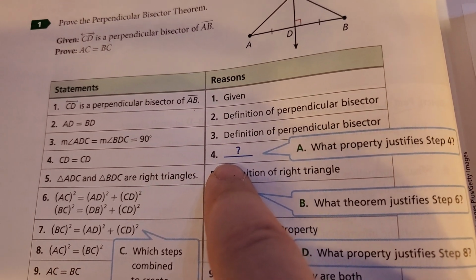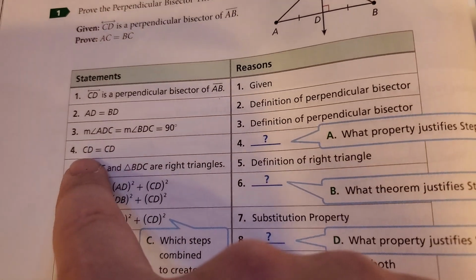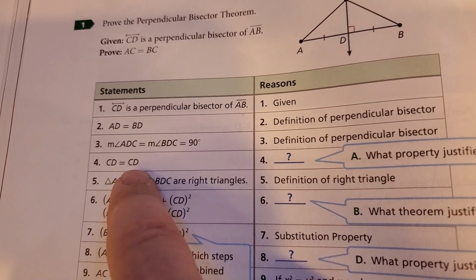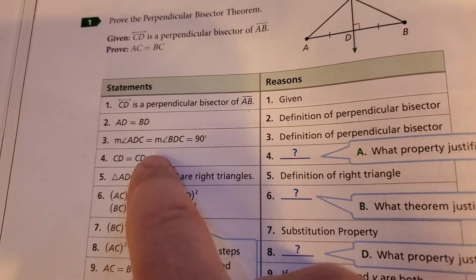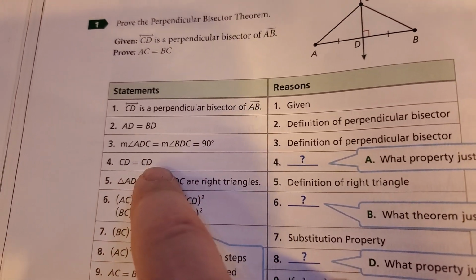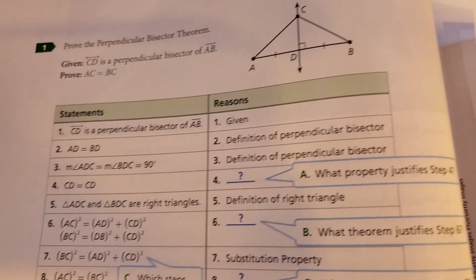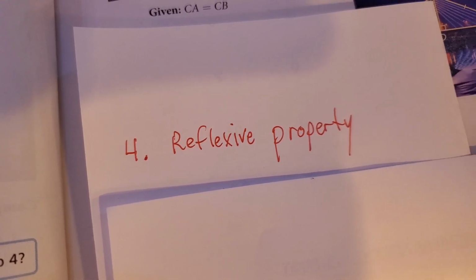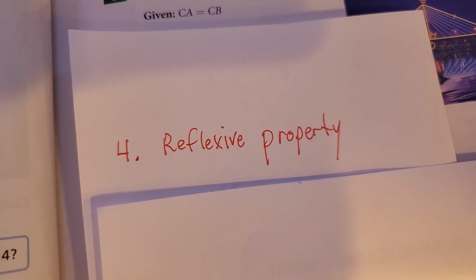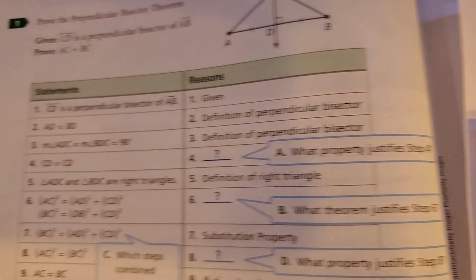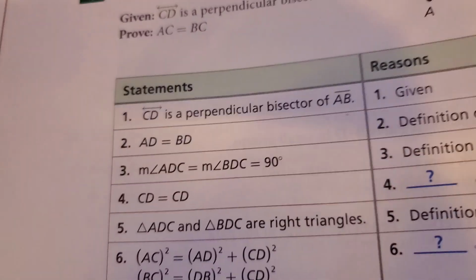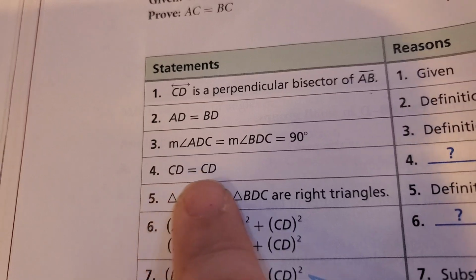CD equals CD is a lot like when you look in the mirror and see your reflection. See how they're identical, CD and CD? So the reason is, have you figured it out yet? There it is: the reflexive property. The reflexive property is the one that allows us to say that anything is equal to itself.